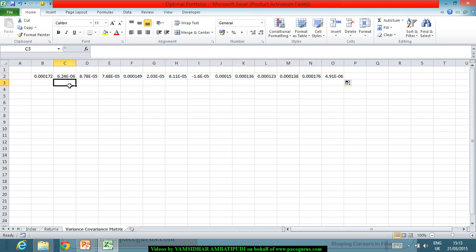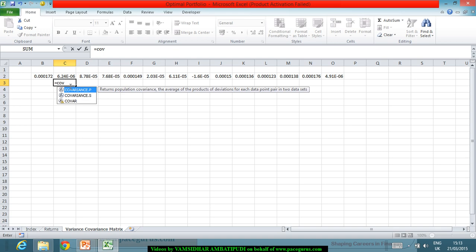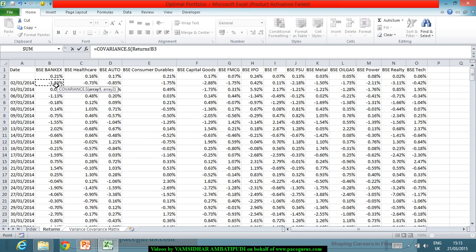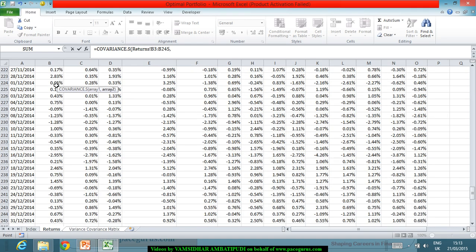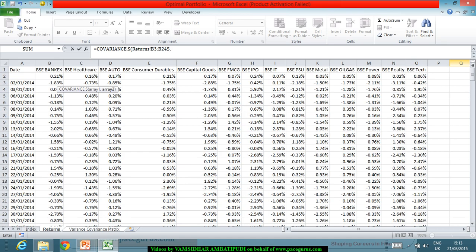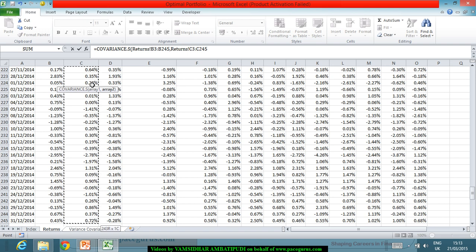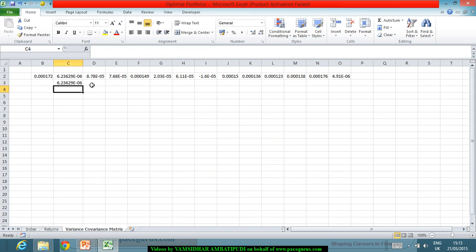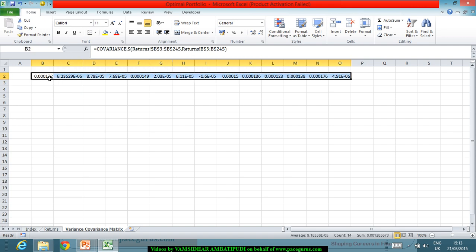Just to check this out, if I'm taking the covariance between the banking returns and the healthcare returns, yes, I'm getting exactly the same. So at least as part of this variance covariance matrix, these are the covariances that exist across.